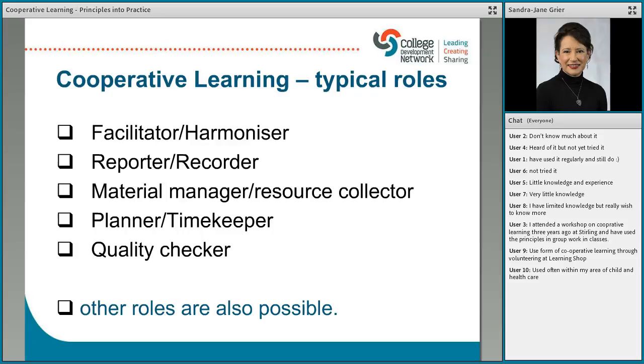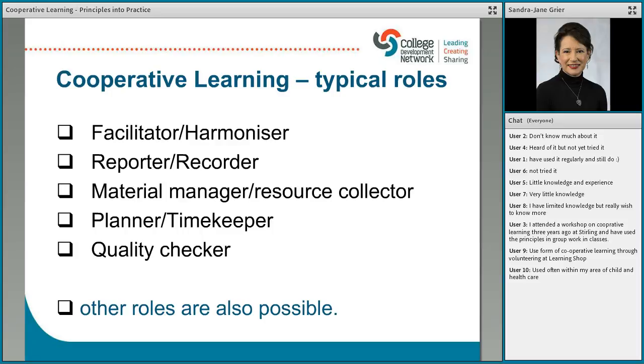And by knowing your learners well, you'll be in a really key position to decide when your learners are ready to be perhaps challenged by a role which goes against their more natural tendencies or predispositions. So it's for you as an individual tutor to decide and allocate those group roles.